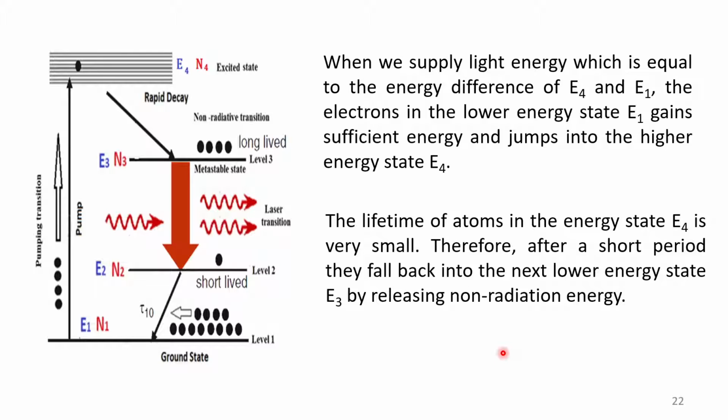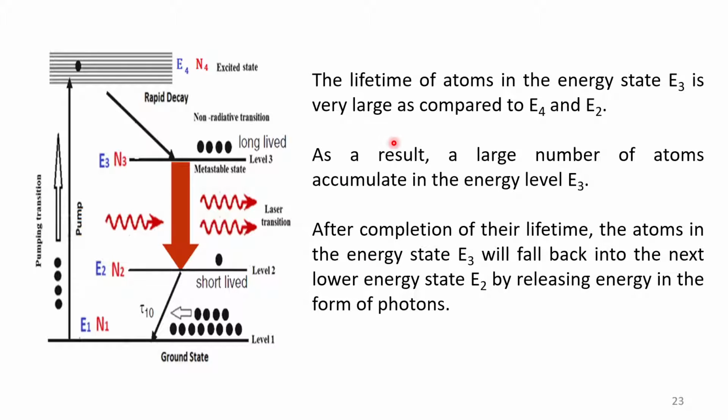That means when the atoms go from the excited state to the metastable state, there is a non-radiative type of transition, and the energy is released in the form of heat. We know that the lifetime of the atoms in the energy state E3 is very large compared to E4 and E2.